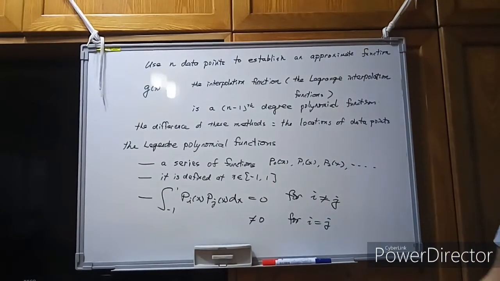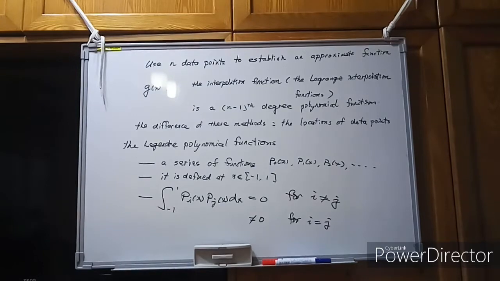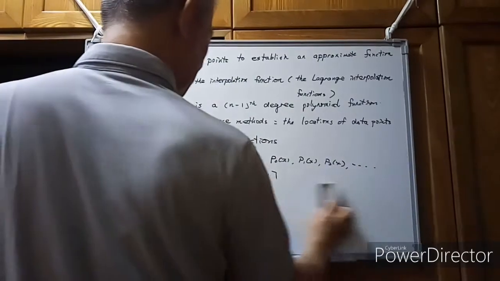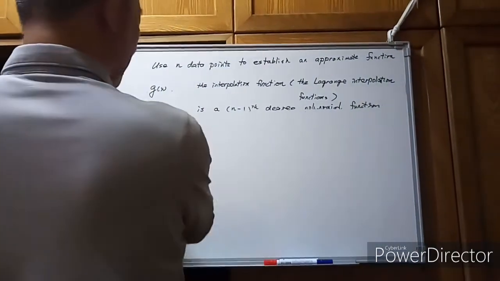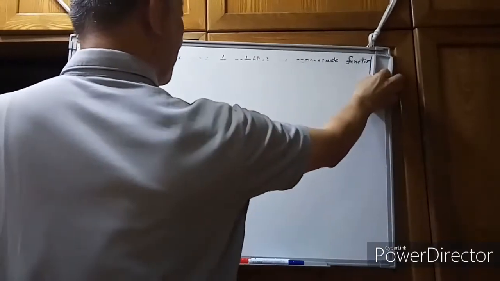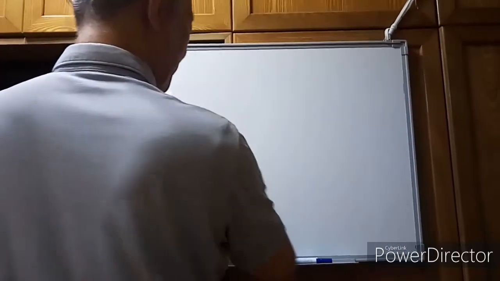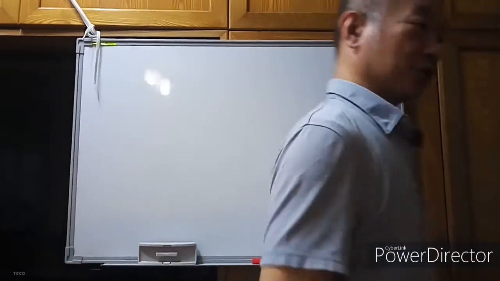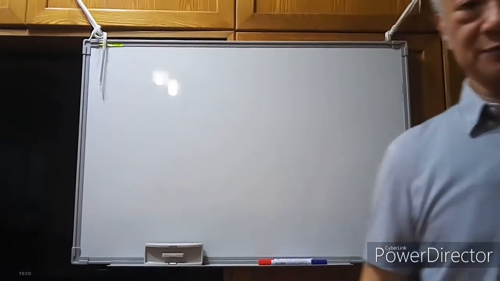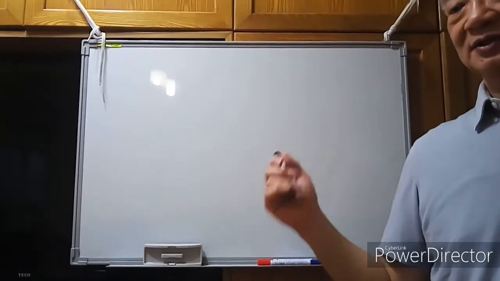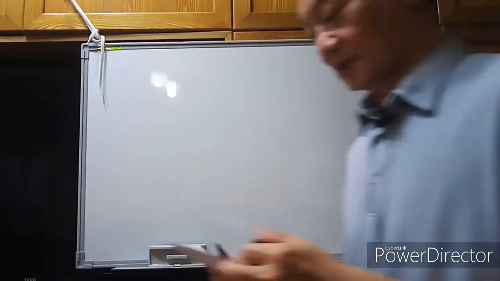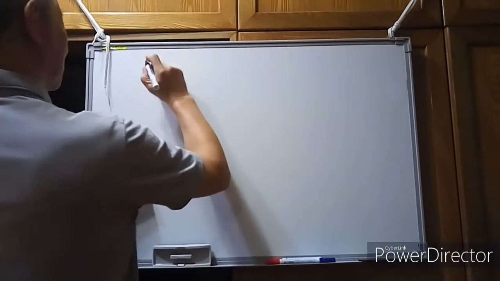Okay, take a screenshot, then I will erase. You can check Wikipedia by yourself, and then you can get the Legendre polynomial functions. That's what I did before this hour. I checked it from the website.